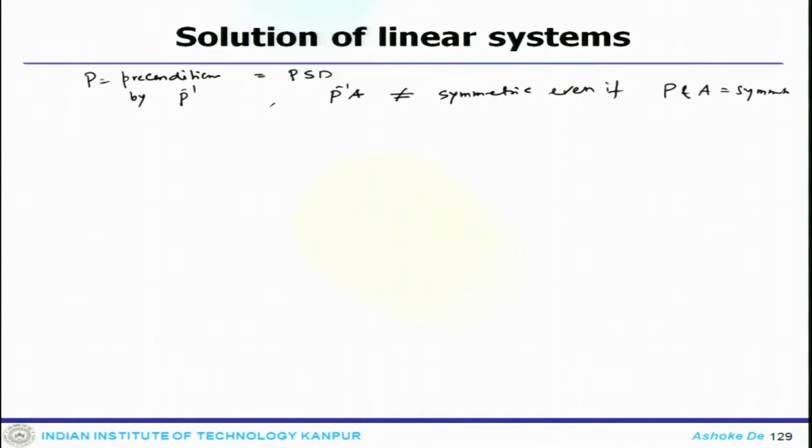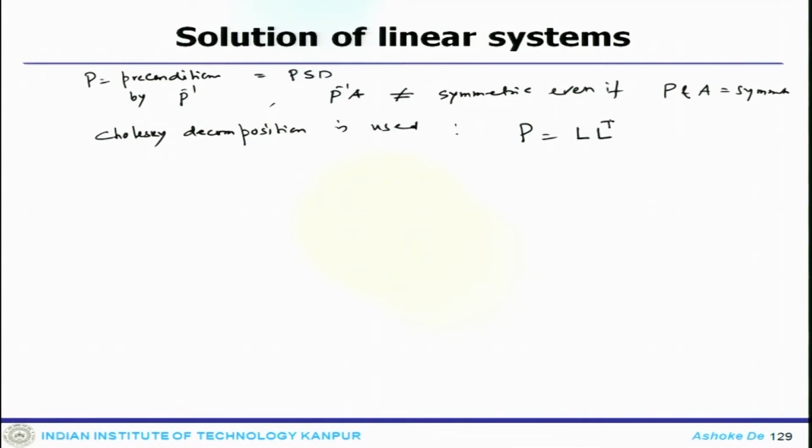To overcome this problem, the Cholesky decomposition is used to write P in a particular form, where P could be L transpose.